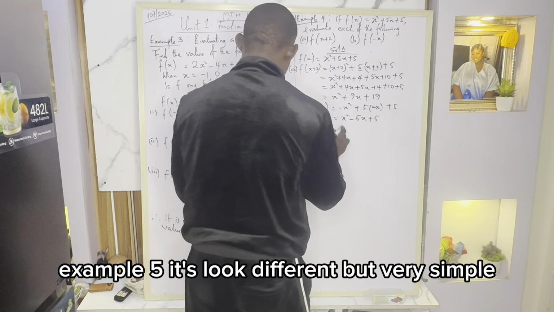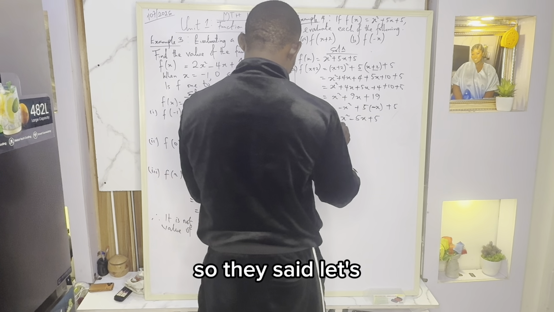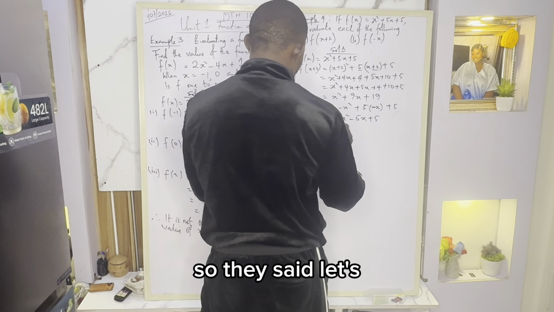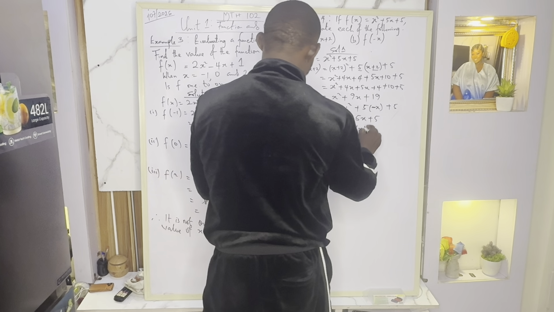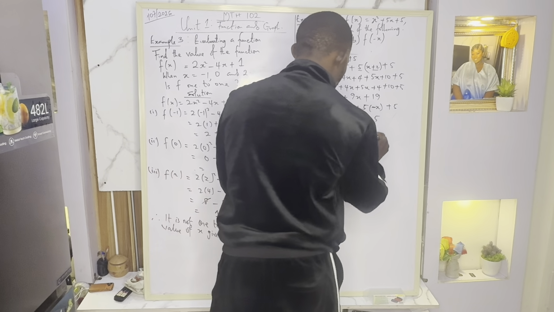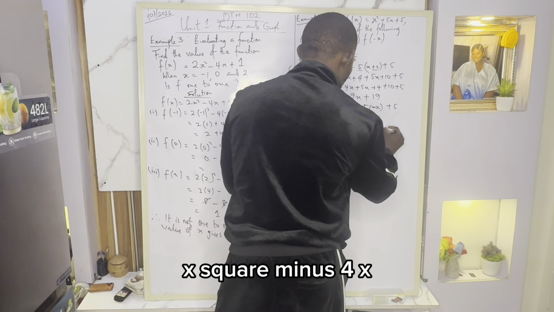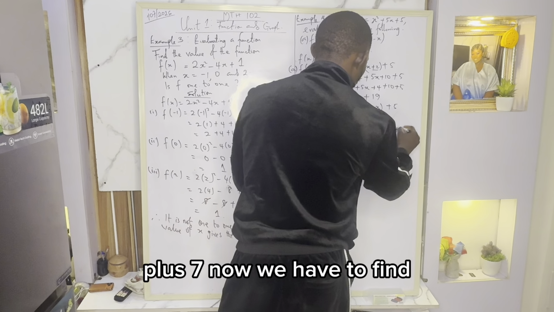Example 5 looks different, but it's very simple. Let f of x equal x squared minus 4x plus 7.